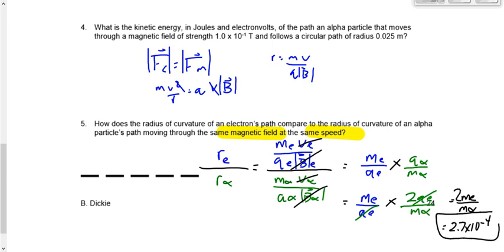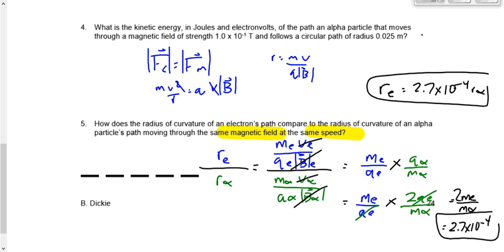So you want to compare these two? Well, we'd say that the radius of the electron is 2.7 times 10 to the negative 4 times the radius of the alpha particle. It's just like saying on Friday, the age of the teacher was twice the age of the student, not mass.